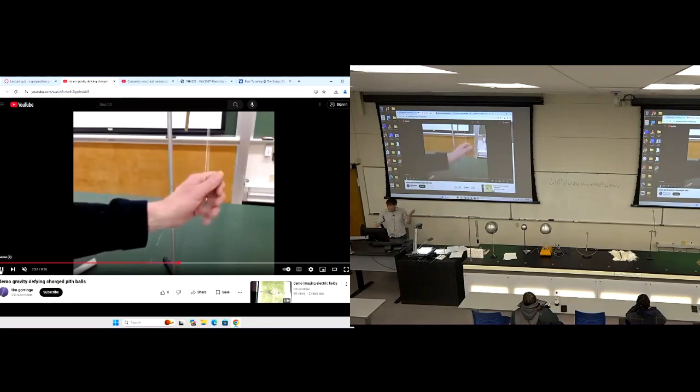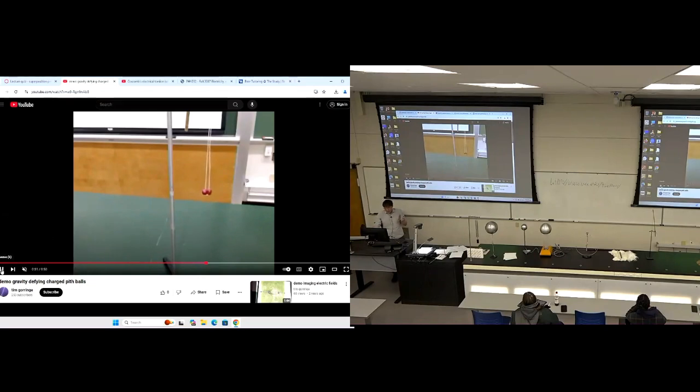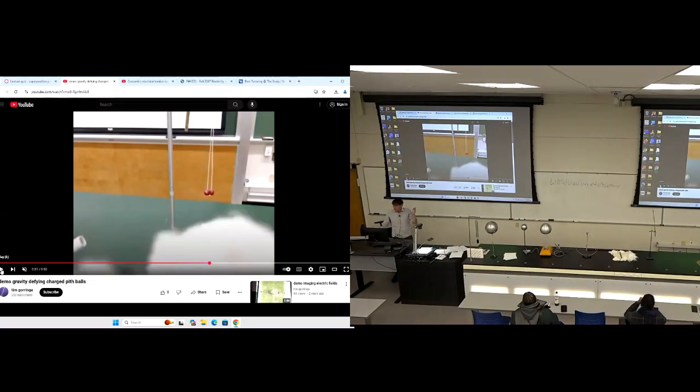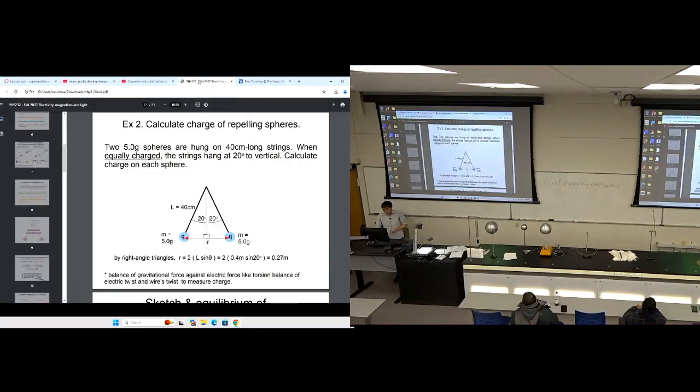They're repelling from one another through the electrical force, and the angle at which they hang will allow me to figure out the charges on those two balls. So let's see if we can use that idea here.